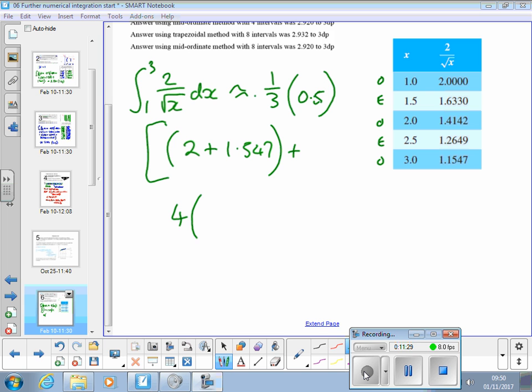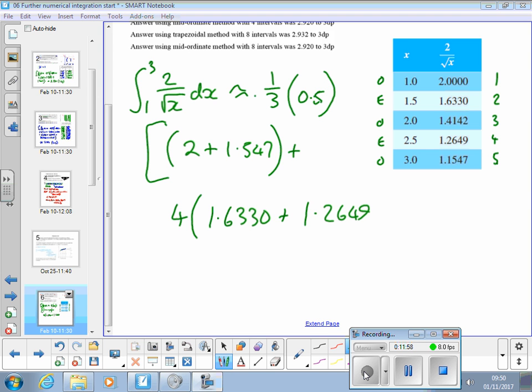Even ordinates are 1.6330 plus 1.2649. We're talking about the number of the ordinate here: first ordinate, second ordinate, third, fourth, and fifth.